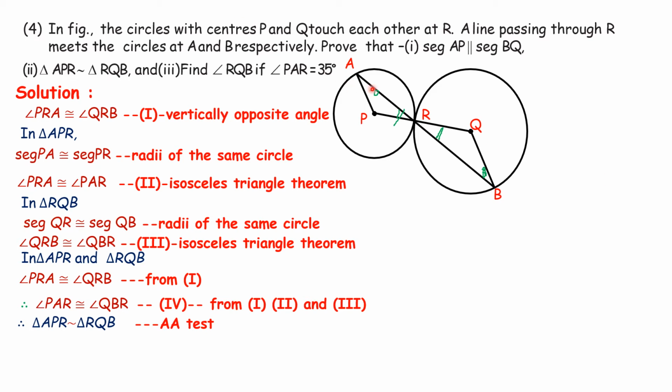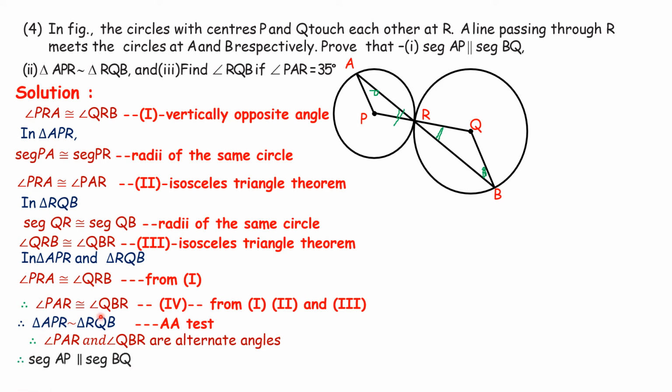Now, here this angle PAR is congruent to angle RBQ or QBR. Statement number 3. Angles PAR and QBR are alternate angles.